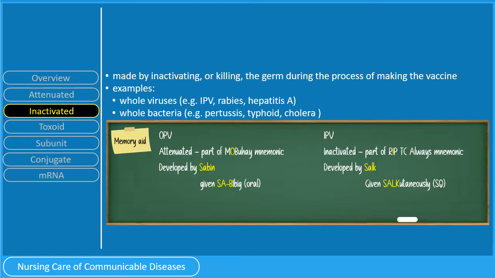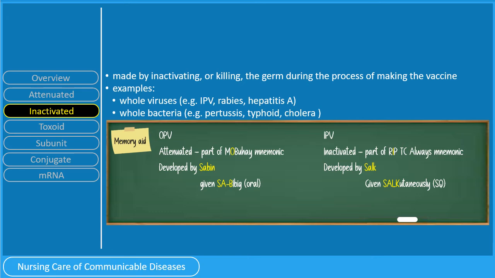Sometimes, instead of using the terms IPV or OPV to describe the polio vaccines, some examiners use the words Sabin or Salk, who developed the OPV and IPV respectively. So, how do we remember that the OPV vaccine is also known as the Sabin vaccine?